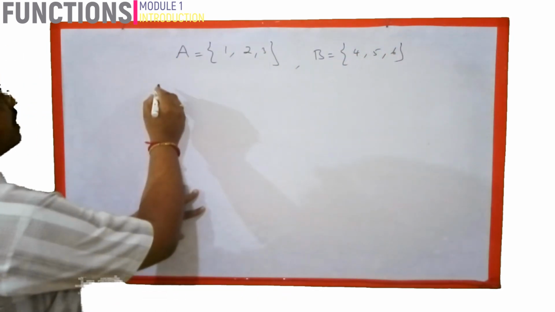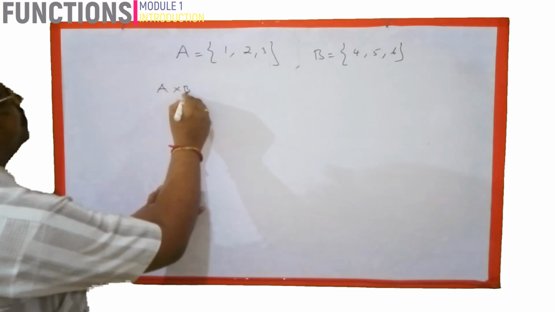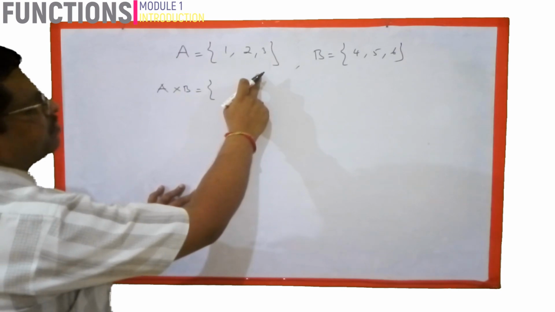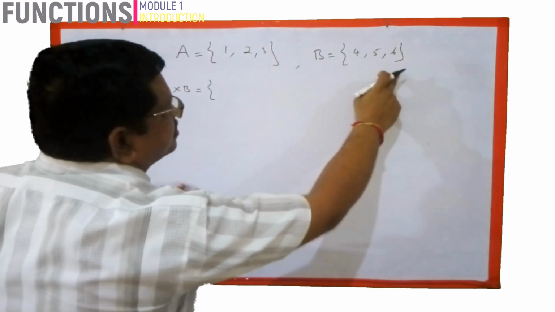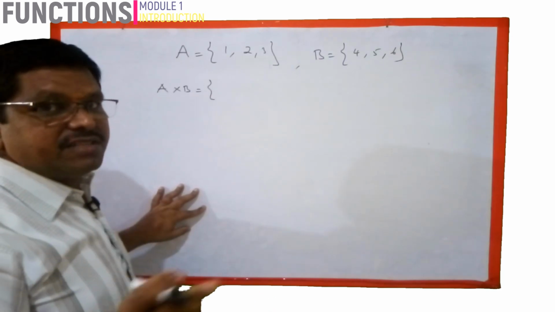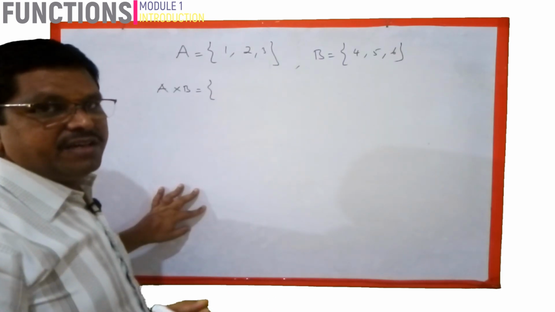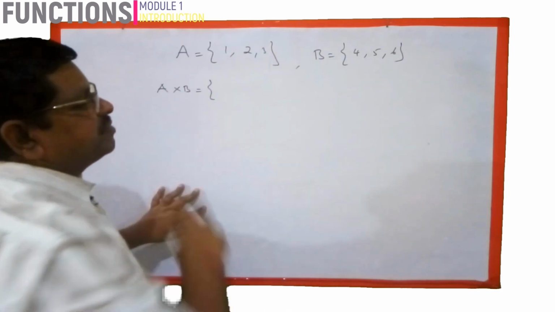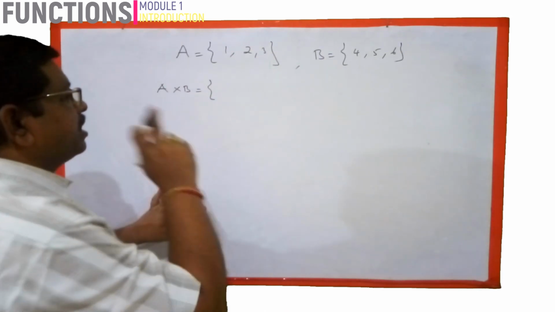When we find A cross B, we get a total of 9 elements because set A has 3 elements and set B has 3 elements. The number of elements in A cross B is n(A) times n(B). Here n(A) is 3 and n(B) is 3, so 3 threes are 9, and a total of 9 elements will be there.